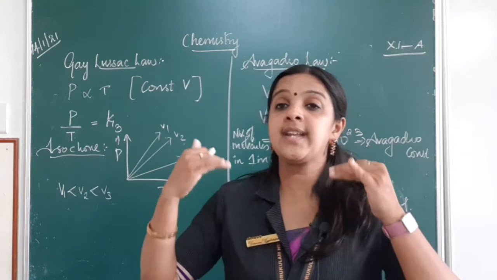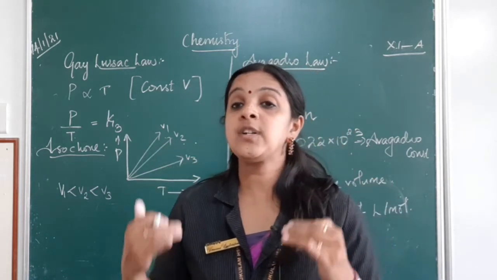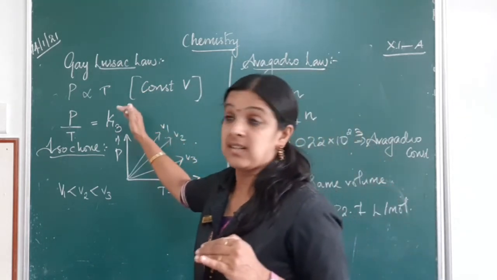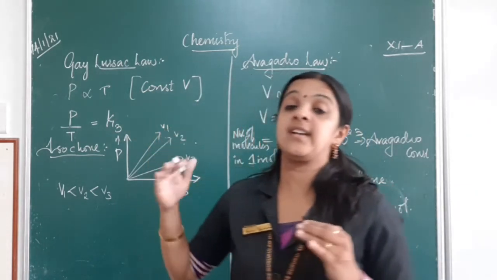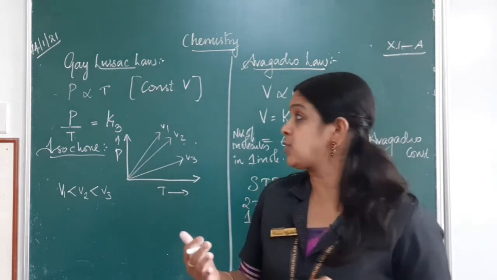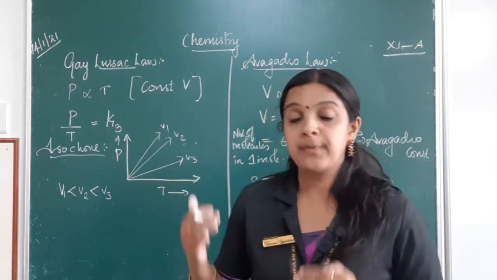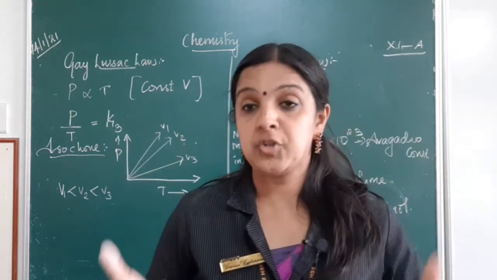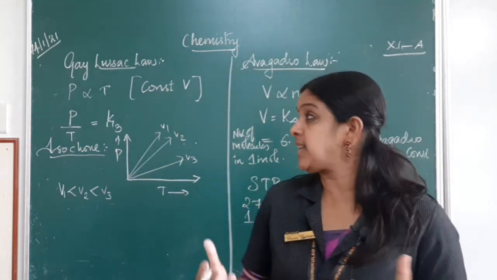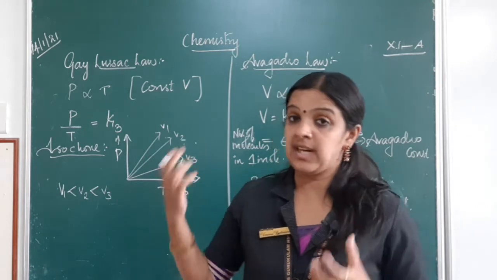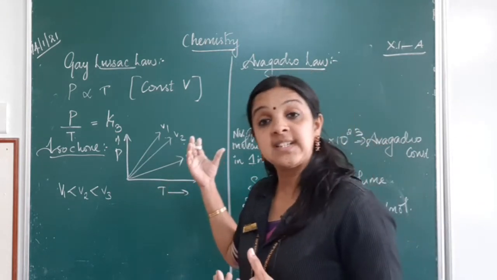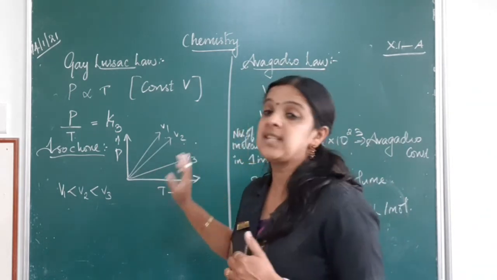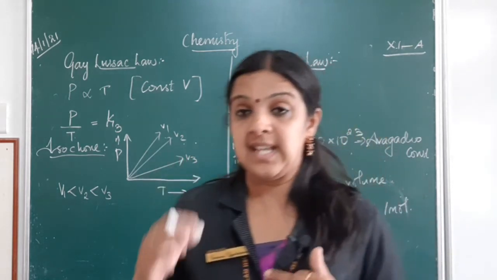As different experiments were done at different constant volumes to check whether they are directly proportional or inversely proportional, they came to know that they are directly proportional, which means both of them increase together and they decrease together. As there is an increase in the pressure, temperature gradually increases, and when there is a decrease in pressure, temperature gradually decreases. So this is the law which is stated by Gay-Lussac.